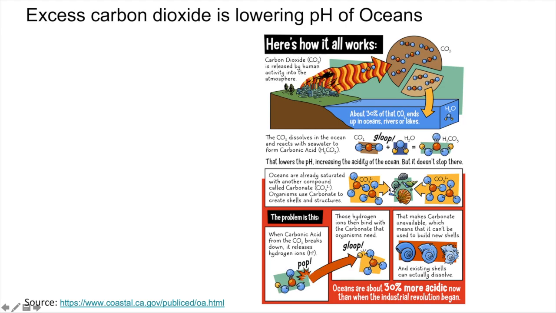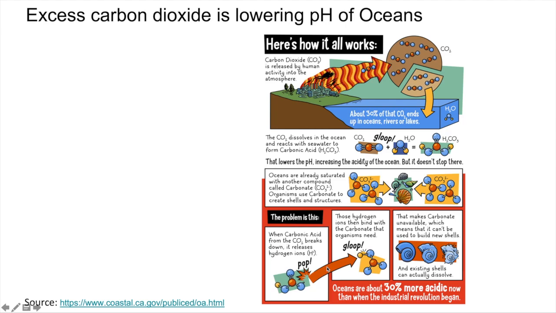Now, many sea creatures have an exoskeleton, and they use carbonate that is in the ocean to form their shell. When we have excess CO2, this extra carbonic acid is going to release an excess of positively charged hydrogen ions, which are going to compete with these creatures for interaction with these carbonate molecules.